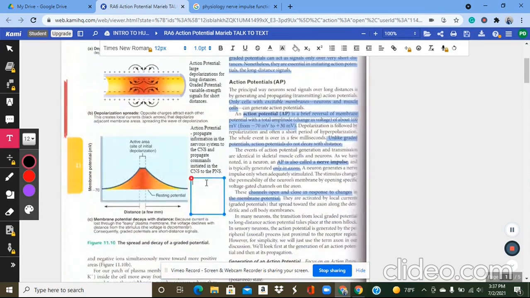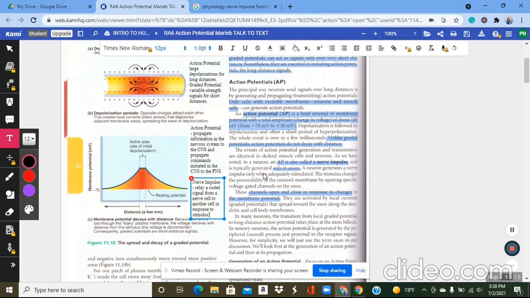Basically, a nerve impulse is to relay a coded signal from a nerve cell to another cell in response to stimulus.